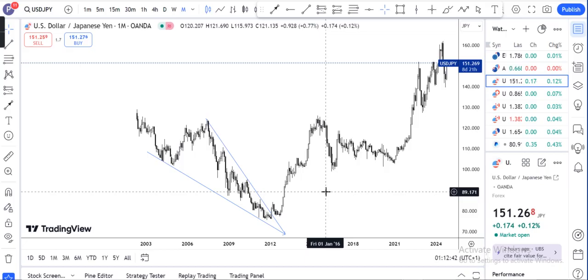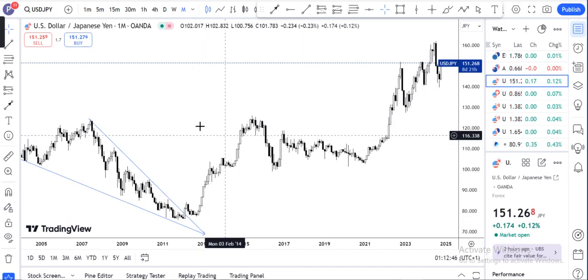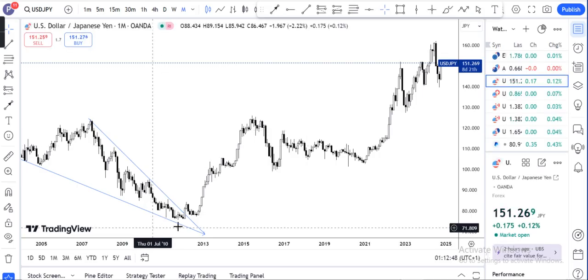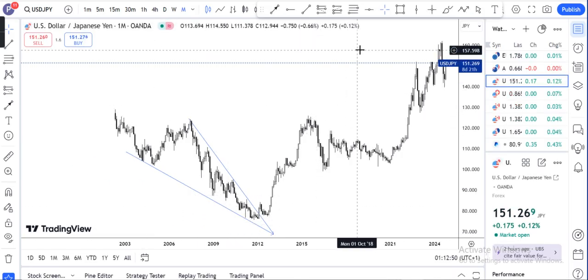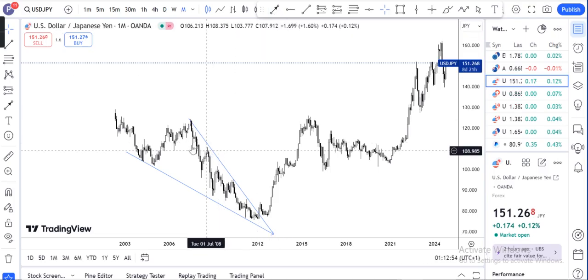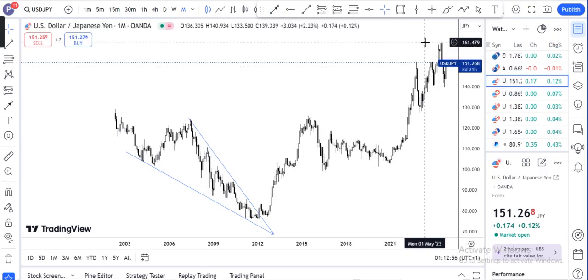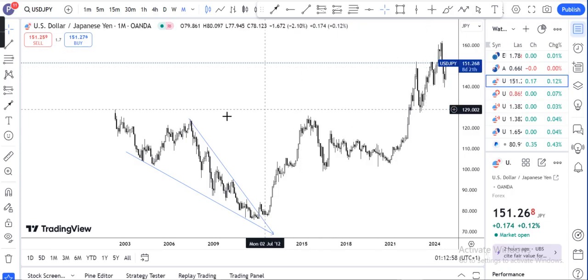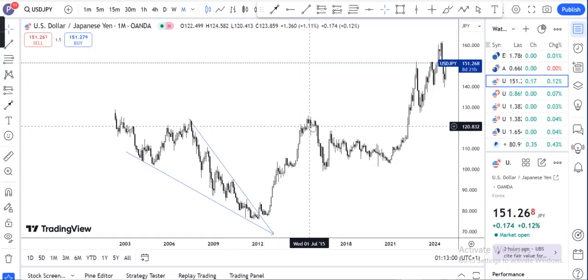This was our clear downtrend, and the market pushed to the upside, creating a new high and creating a low. So what do we simply do? We simply understand that the market is now beginning to create higher highs. I think this was a break of structure here.